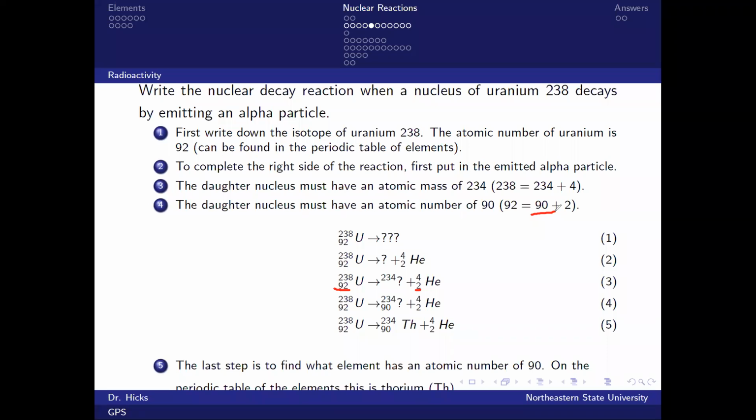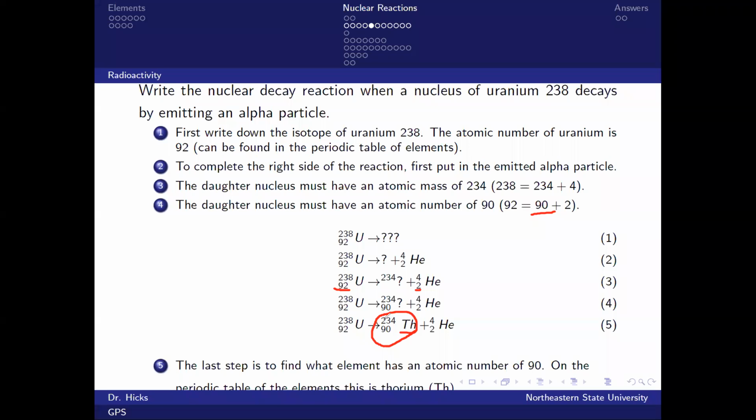So the atomic number of the missing particle is 90. A quick trip to the periodic table tells me that the element with the atomic number of 90 is thorium, and its symbol is TH. So now I know my missing daughter nucleus is thorium-234.